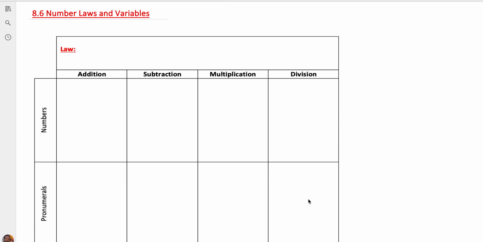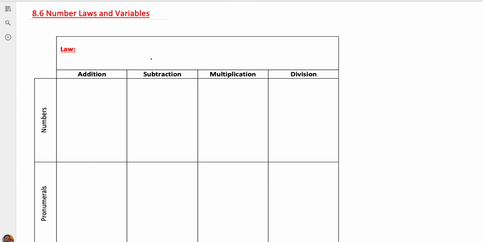Okay, girls, so today we're doing chapter 8.6, which is called number laws and variables. I'm not going to start by giving you the name of the law because I reckon it is more important that you understand. I want you to recognize that you already know this.